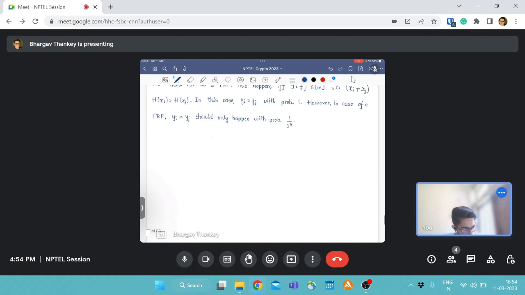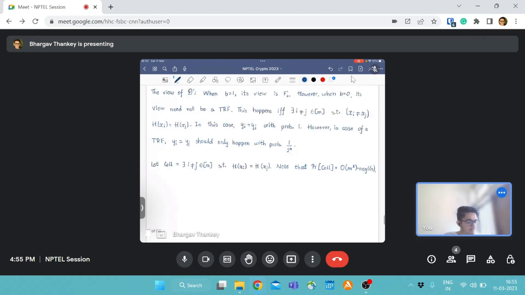Again, we'll condition on the event of collision happening. So let collision be the event that there exists i not equal to j in n such that h(xi) is equal to h(xj). Note that the probability of collision is equal to order n square times a negligible function in n.